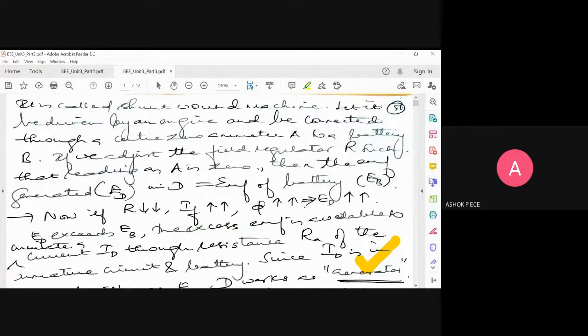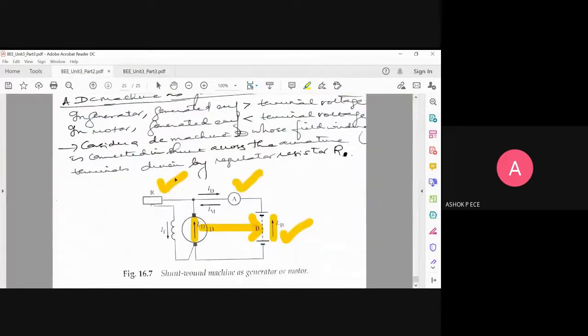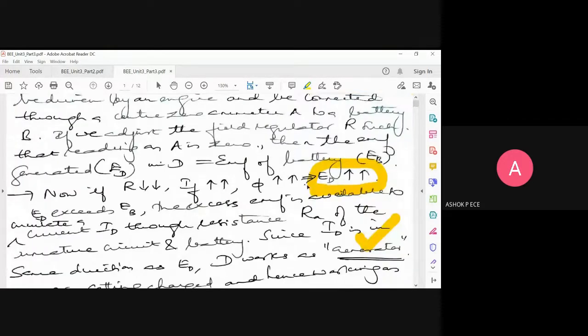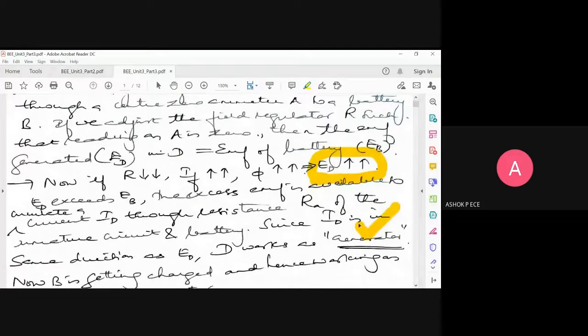Because more flux is cut by the conductors, you will have a lot of generated EMF. So the generated EMF will exceed your battery EMF. ED will be more than EB. We have seen that if ED is greater than EB, it is going to work as a generator.